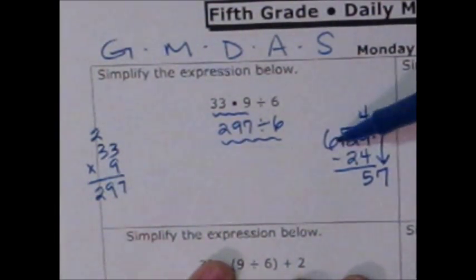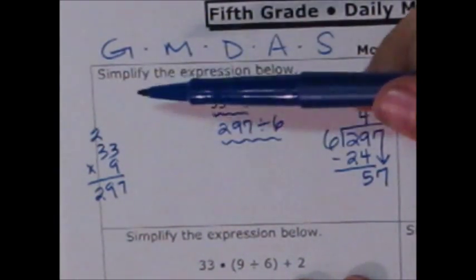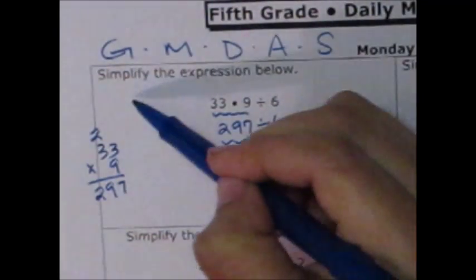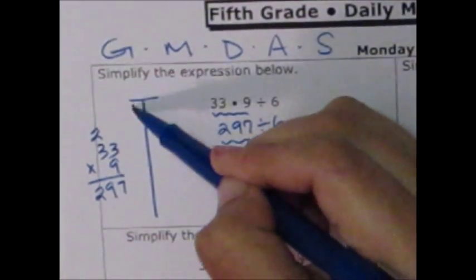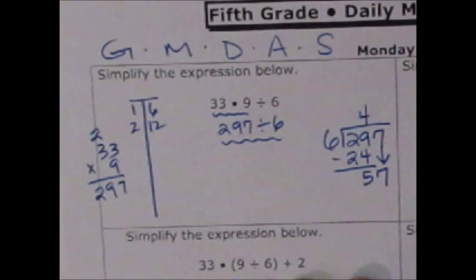So now, how many times can 6 go into 57? There's nothing wrong with you doing your T-chart over here: 1, 6, 2, 12, etc., if it helps you. Okay, also when you're doing your math homework, you should have your interactive math notebook with you, because that goes from school to home. And you can always look at your multiplication facts table at the back of your notebook.